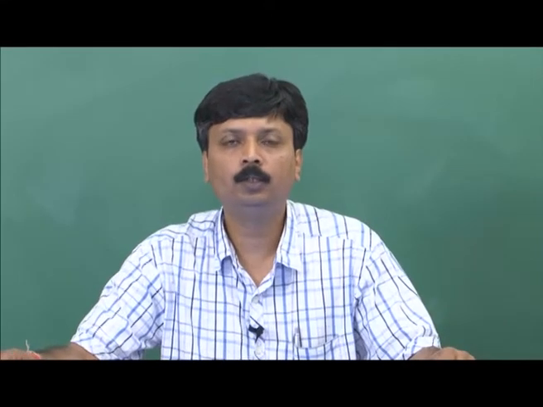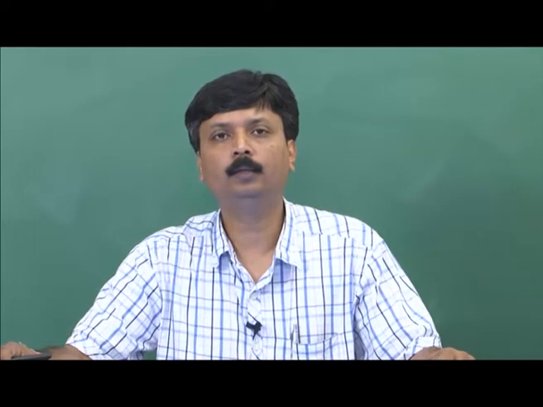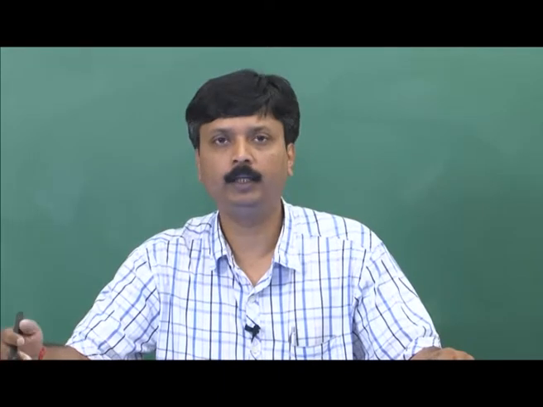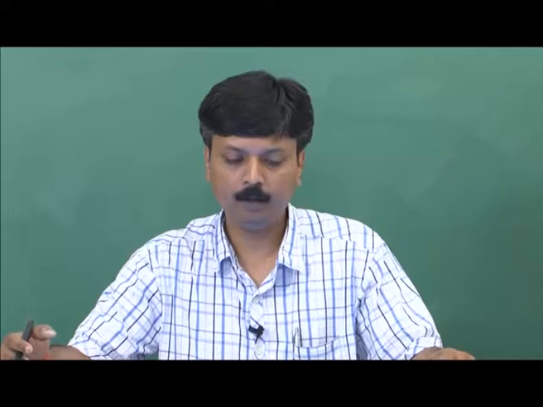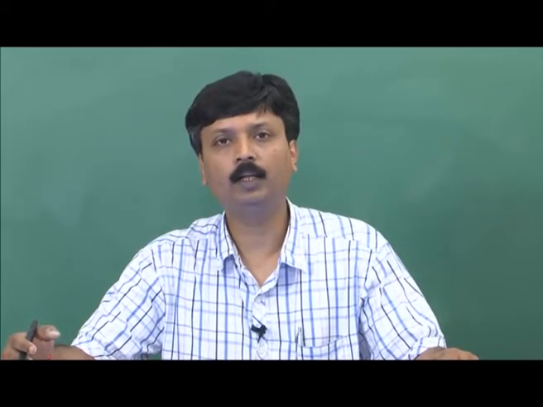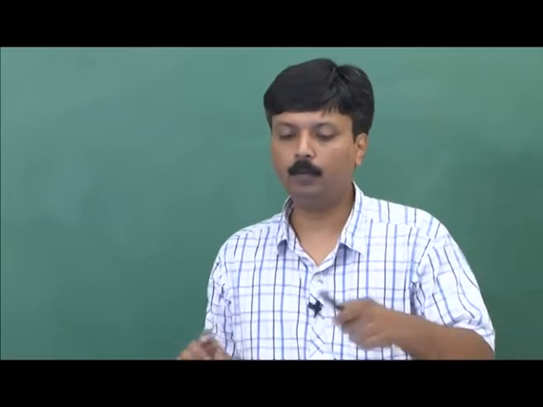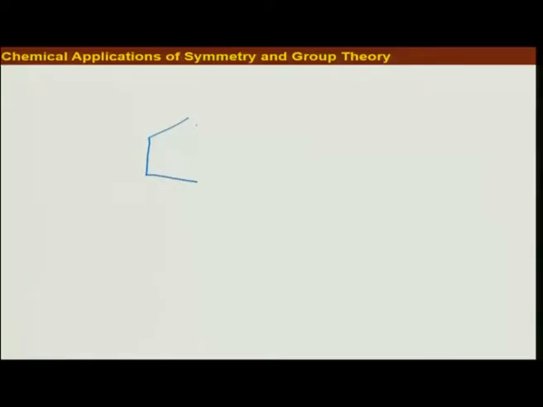Hello and welcome. So today we are going to look at the transitions between different electronic levels or different orbitals, in particular in the naphthalene molecule. So for the naphthalene molecule, earlier what we did was we took all the 10 p pi orbitals situated on each of the carbon atoms.